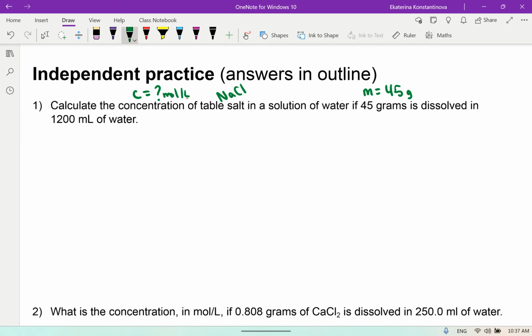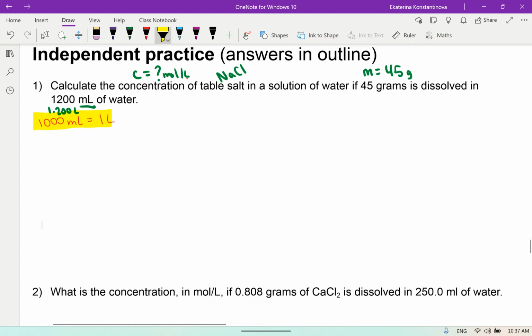Now right away, when you don't see volume in liters, you need to do your conversion. So remember that 1000 milliliters is equal to 1 liter. So this would be 1.200 liters. Do your conversion first before you do any calculations. Always, always you want the right units before you go into your calculations.